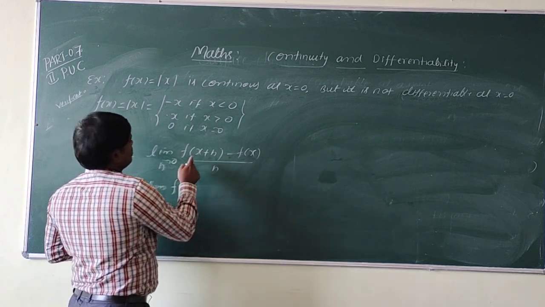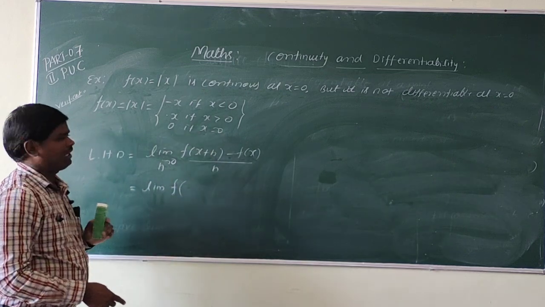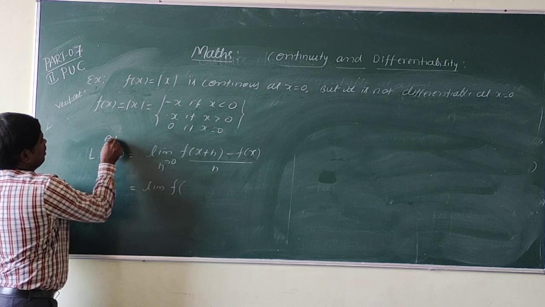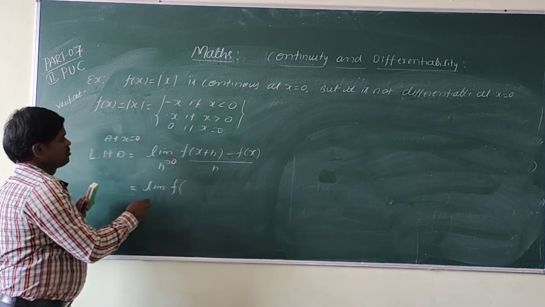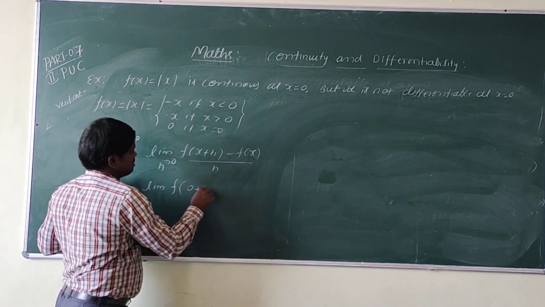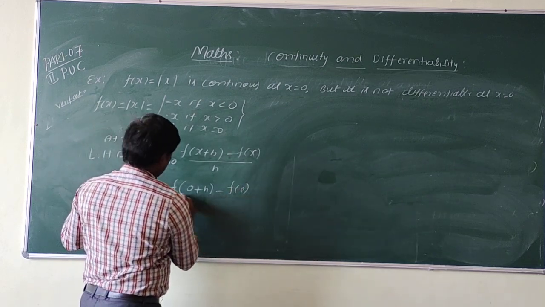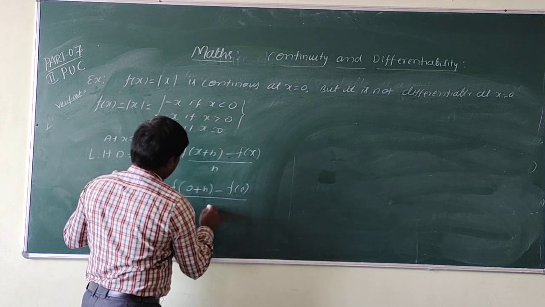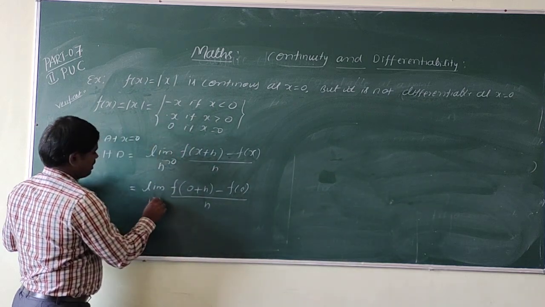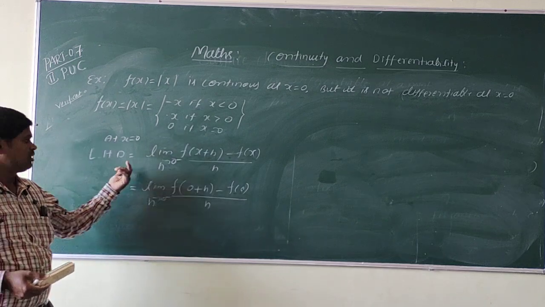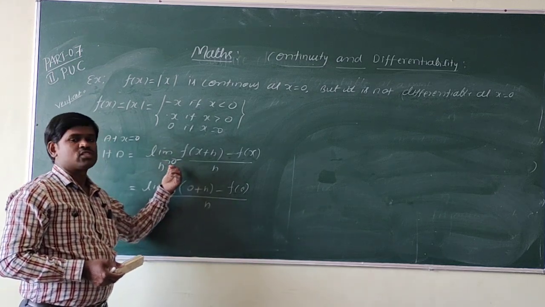We are going to take this at x is equal to 0. So it is the limit of f of (0 plus h) minus f of 0, divided by h, as h tends to 0 minus.